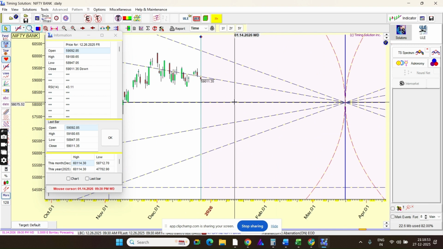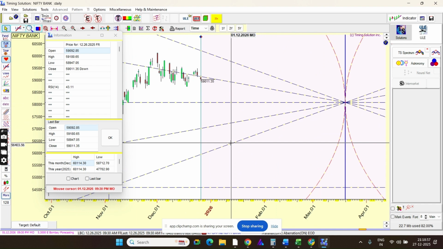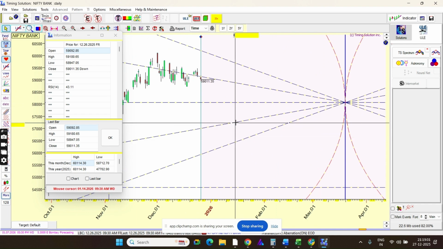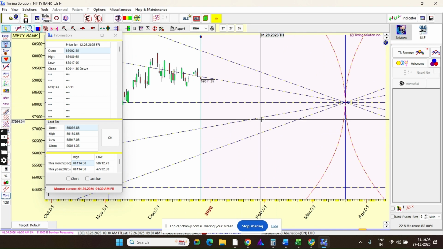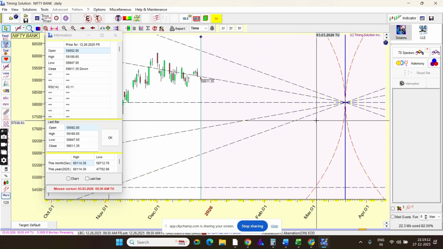Falling below this, we have two major angle supports, one here and second here. We will get the supports around this angle if we drop below the 58,100 level. This level you should look at for the next coming 3 months.